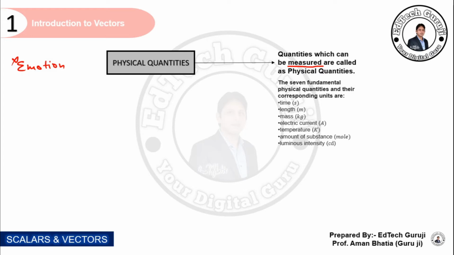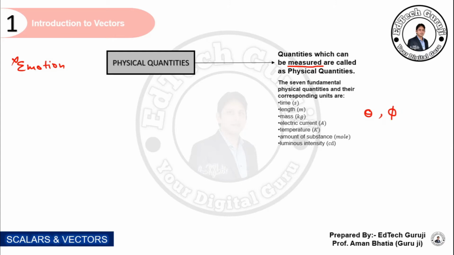Amount of substance in mole, and luminous intensity is given in candela. Apart from this, we have 2 supplementary physical quantities. Basically, the 2 supplementary physical quantities are the plane angle, which is given as theta, and the solid angle, which is given as phi. We will talk about this also in the future topics.